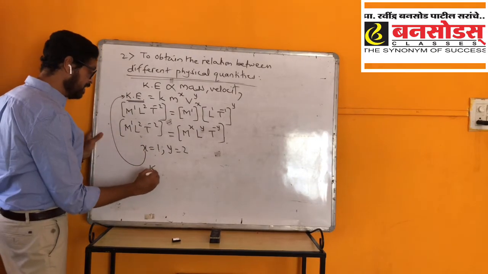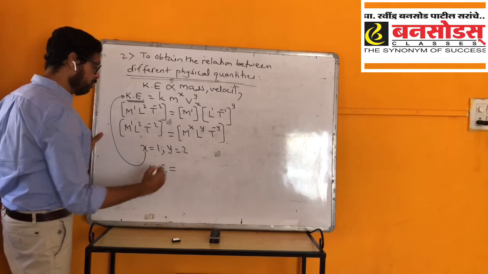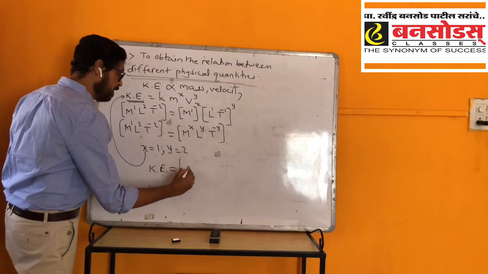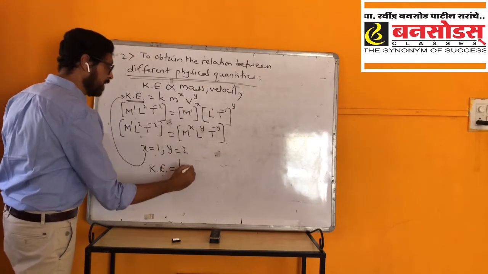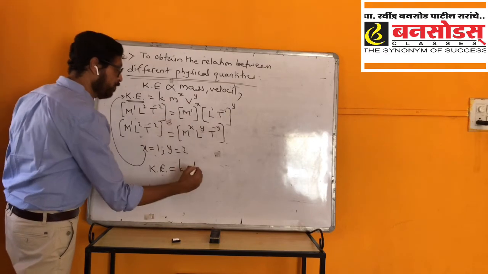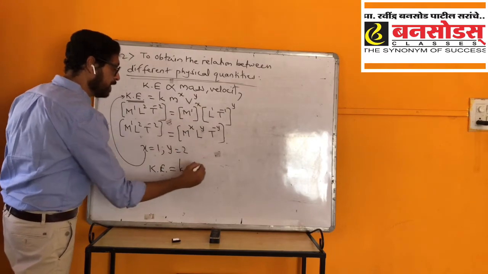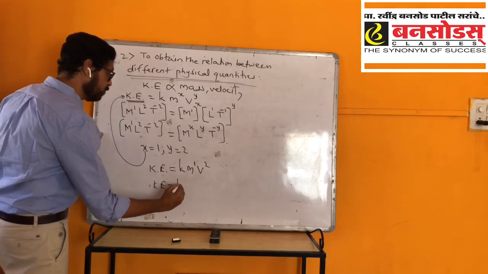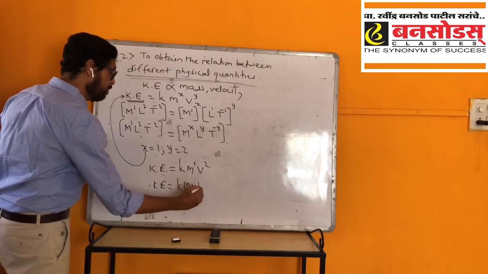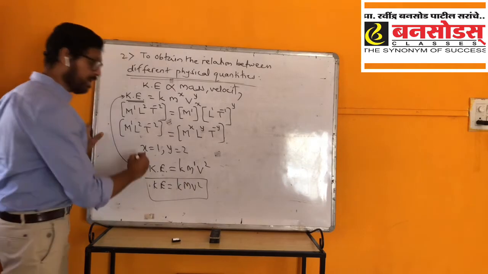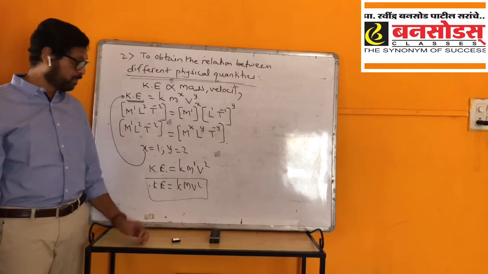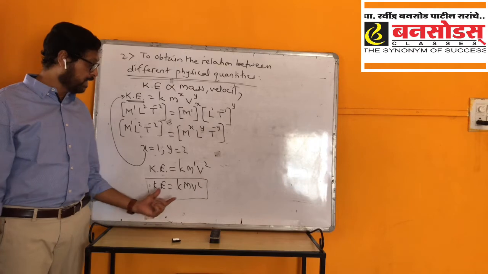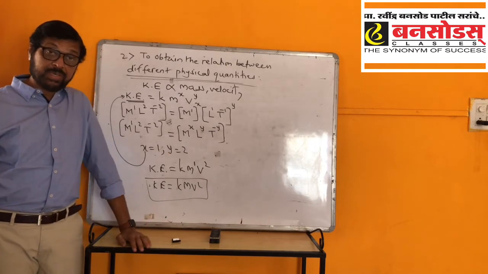So kinetic energy will be equal to K m raised to x, that is 1, and v raised to y, that is 2. So kinetic energy is equal to K m v square. So you got the relation between all these quantities.